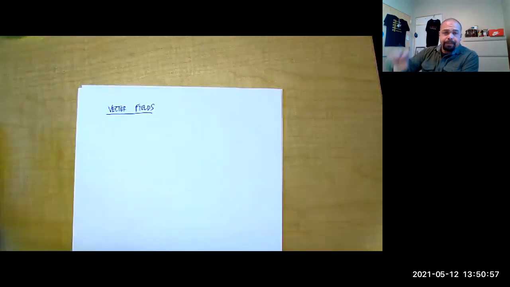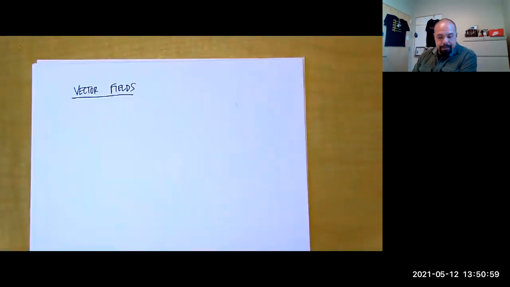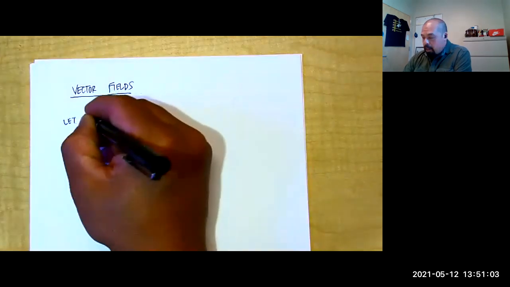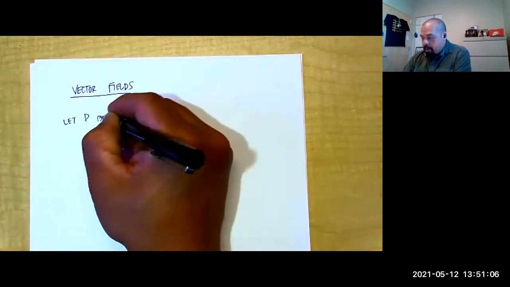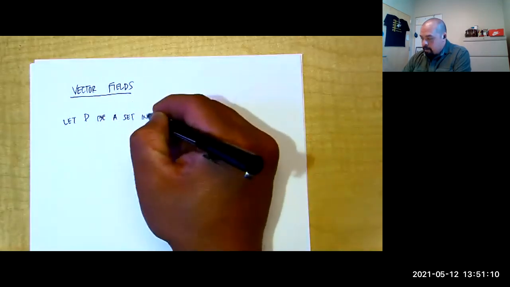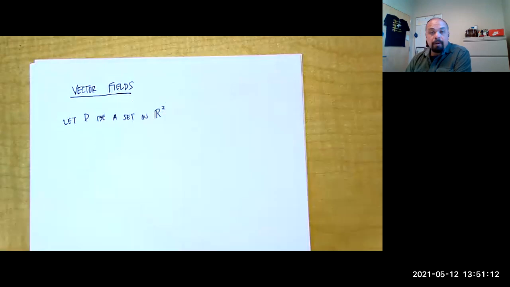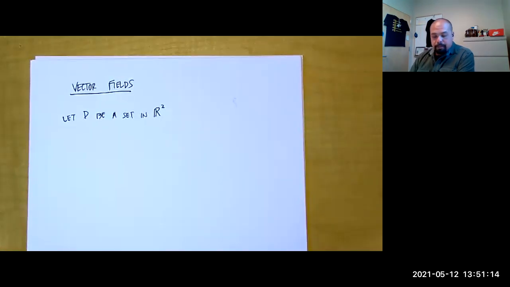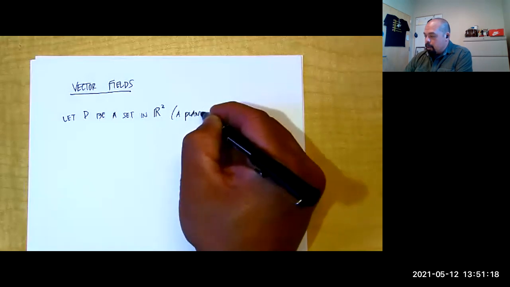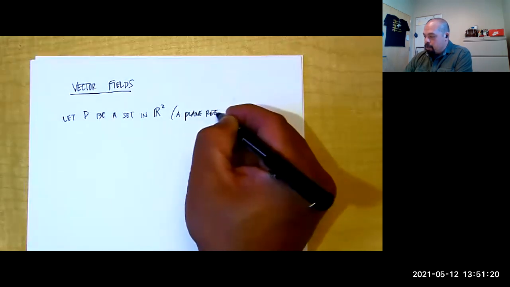Okay, and so with our vector fields, we'll start off with this definition. All right, so we're going to let D be a set in R2, right? Our two-dimensional coordinate system, a plane region, a region on the plane, right?